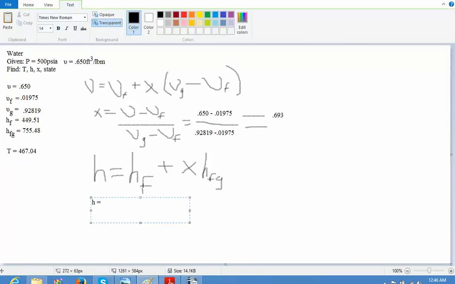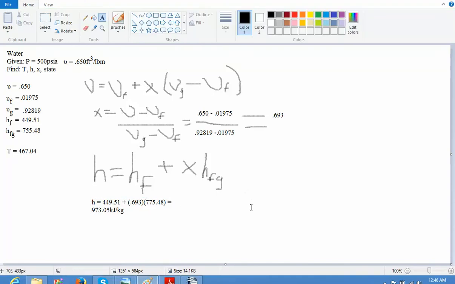H equals 449.51 plus 0.693 times 755.48, and this will give you 973.05 kilojoules per kilogram. And that's how you do that.